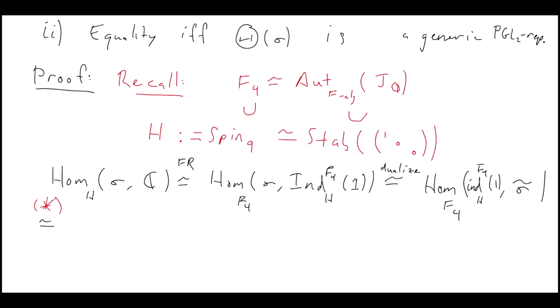But what's going to happen is we can relate this compact induced representation to the minimal representation for E7. In fact, this is going to be the Jacquet module of the minimal representation.